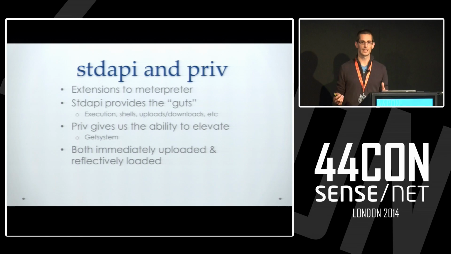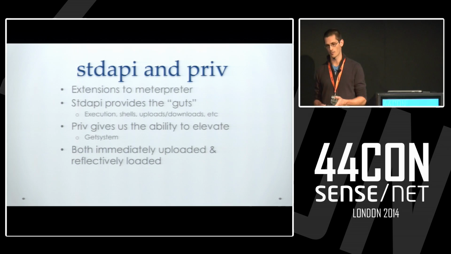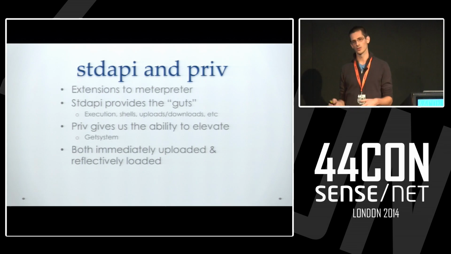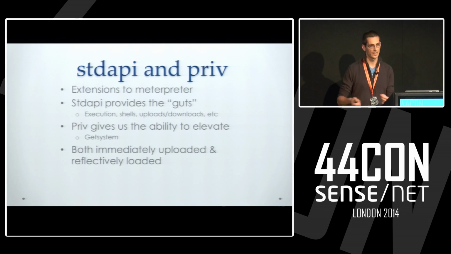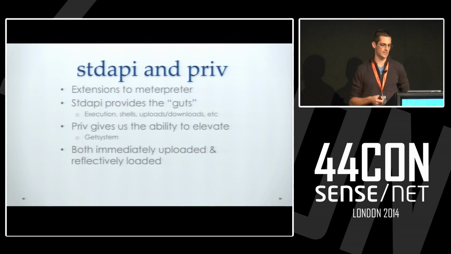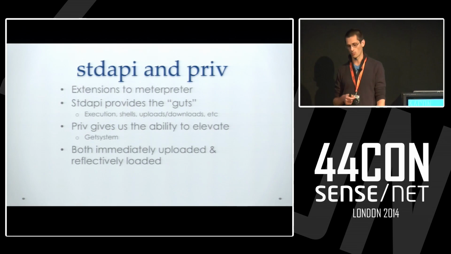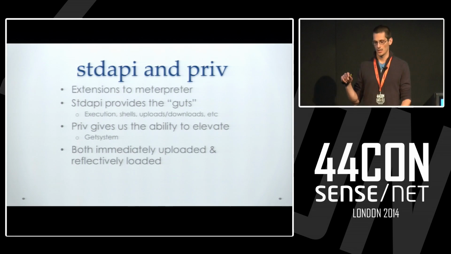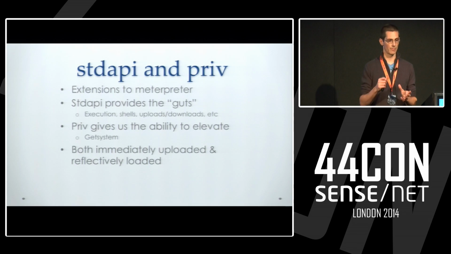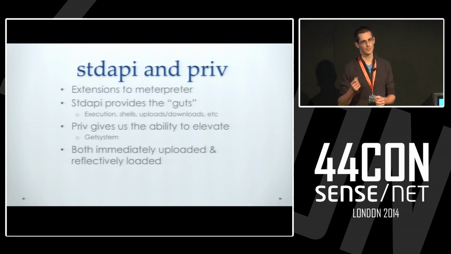When I say the guts, I'm talking about the basics like who am I, where am I running, file uploads, file downloads, being able to open a channel just to send data back and forth, that kind of stuff. That's exactly what Standard API gives us. And so what happens in the Windows sense is we get our Meterpreter session running, and then Metasploit straight away sends up a copy of Standard API and then sends up a copy of Priv.